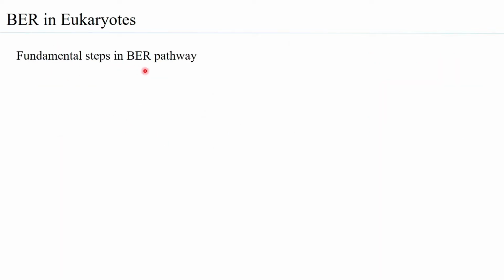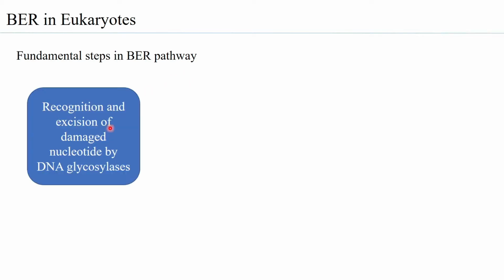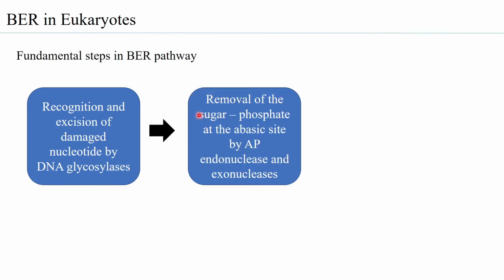Now let us look at the fundamental steps in the BER pathway. The first step is recognition and then excision of the damaged nucleotide, and that is taken care of by DNA glycosylases. Then it is the removal of the sugar phosphate at the abasic site, which is by an enzyme called AP endonuclease or exonucleases.